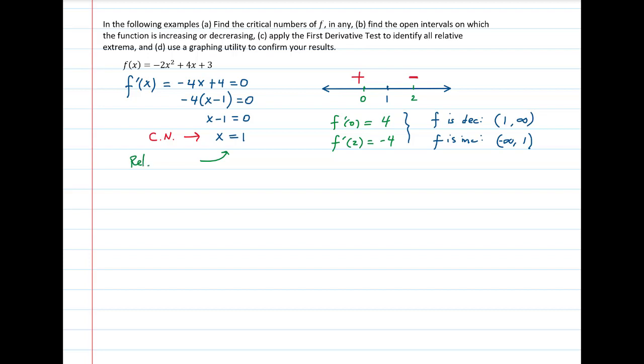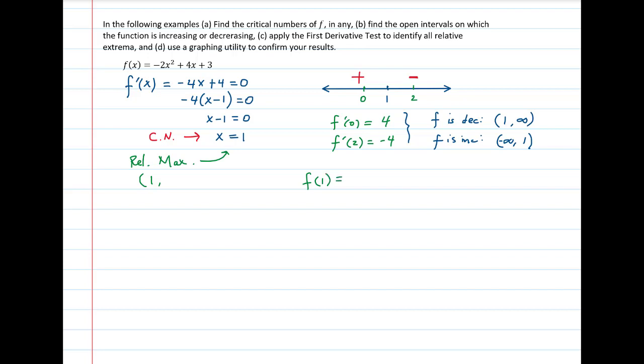If you look at the first derivative test, if the sign of the first derivative goes from positive to negative, then we have a relative max right there at the critical number x equal to 1. So the ordered pair would be 1 comma the function evaluated at 1.